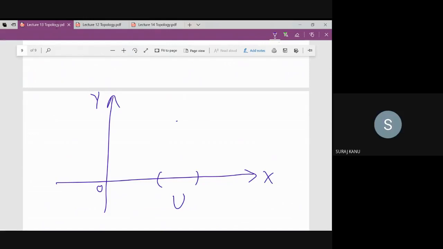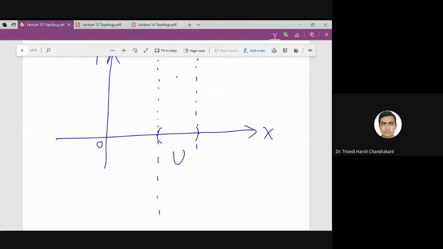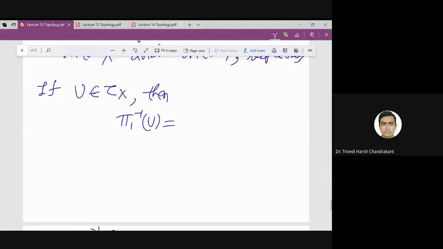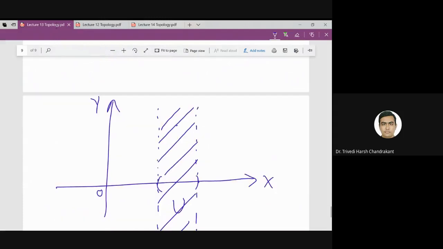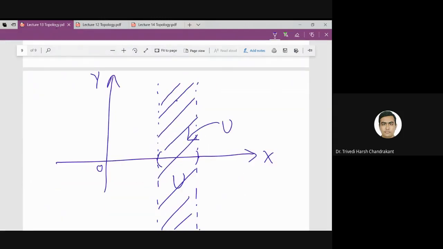Yes, I can project. Basically, whatever points are here, its x coordinate belongs to U. That is exactly the meaning of this pi one map. So pi one inverse of U is, you can verify later also, U cross Y basically. This set is nothing but U cross Y.